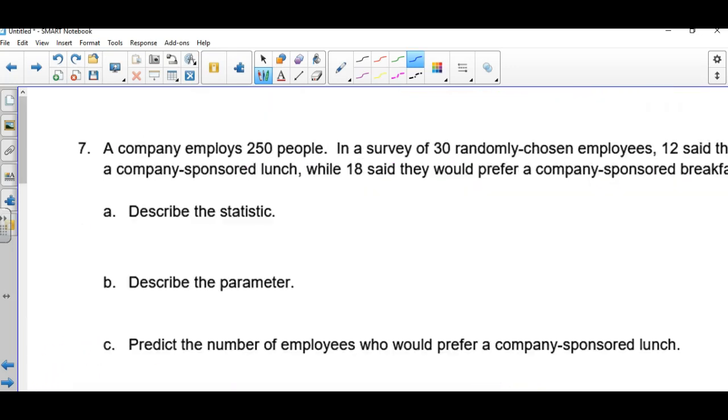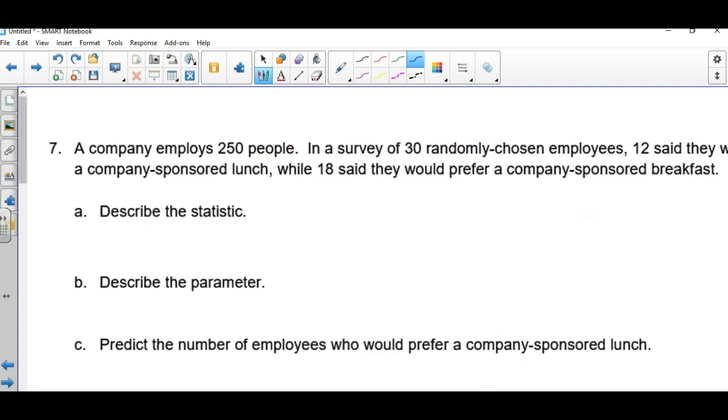All right. For this next example, number 7, a company employs 250 people. In a survey of 30 randomly chosen employees, 12 said they would prefer a company-sponsored lunch, while 18 said they would prefer a company-sponsored breakfast. So we got two types of statistics here. The statistics we have are going to be the 12 people.